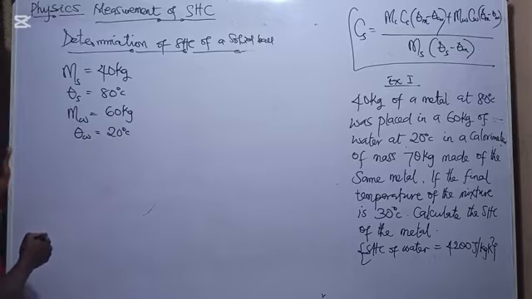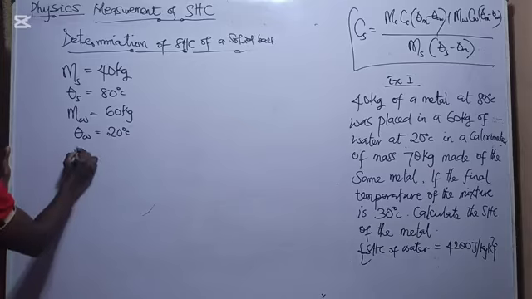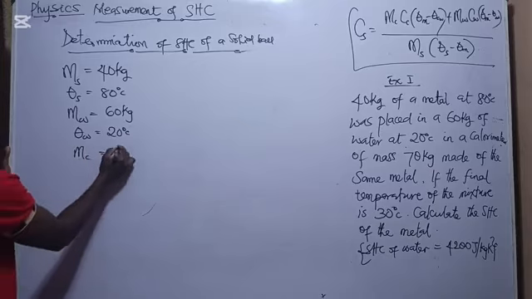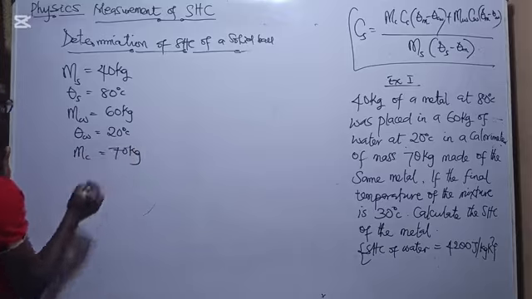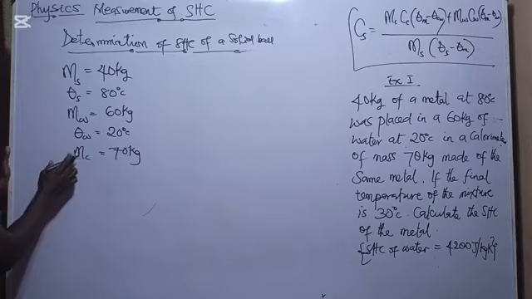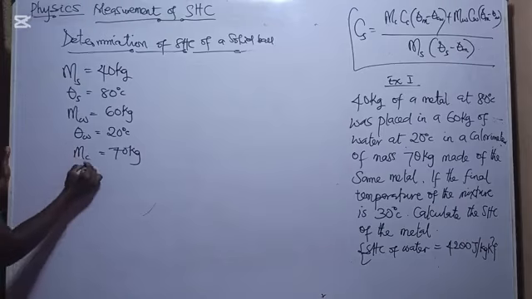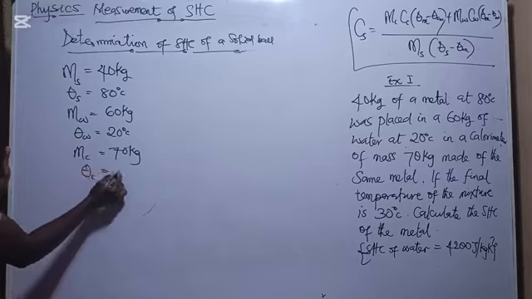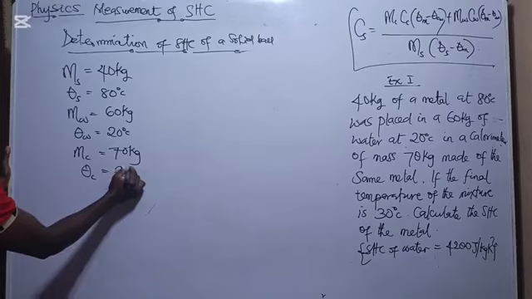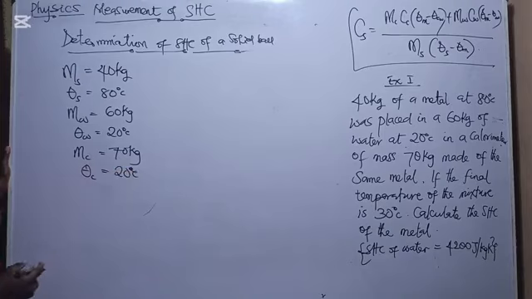In a calorimeter of mass 70 kg. So the mass of the calorimeter is 70 kg, right? Then because the water is in the calorimeter, the temperature of the calorimeter will be the same as the temperature of the water. Okay?